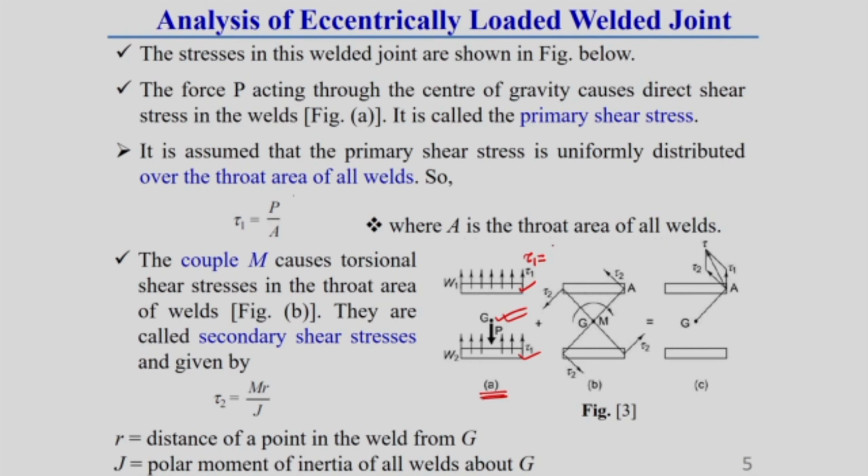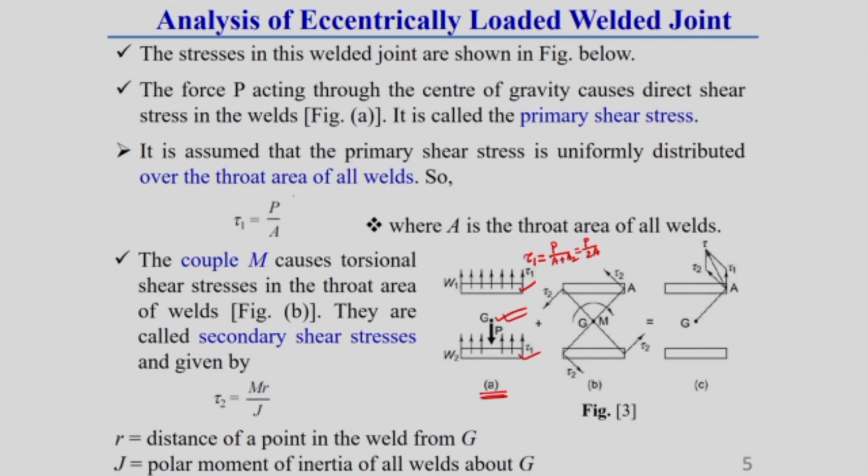It will be equal to P divided by the cross sectional area of all the welds. Here two welds are there with equal cross sectional area, so A plus A. So tau 1 will be P by 2A. Due to this externally applied load, the resisting force developed inside the weld acts over the throat area.